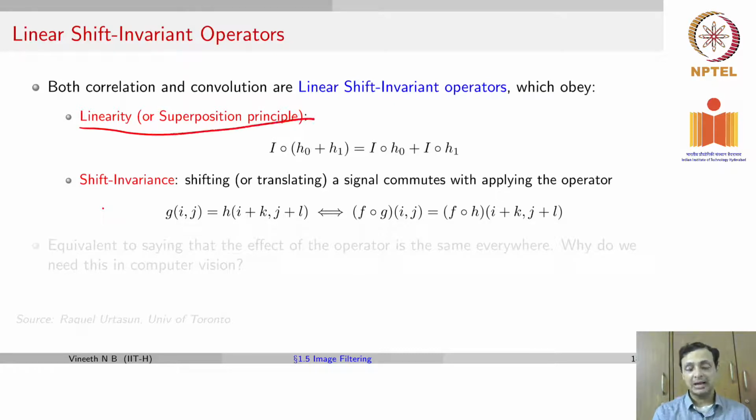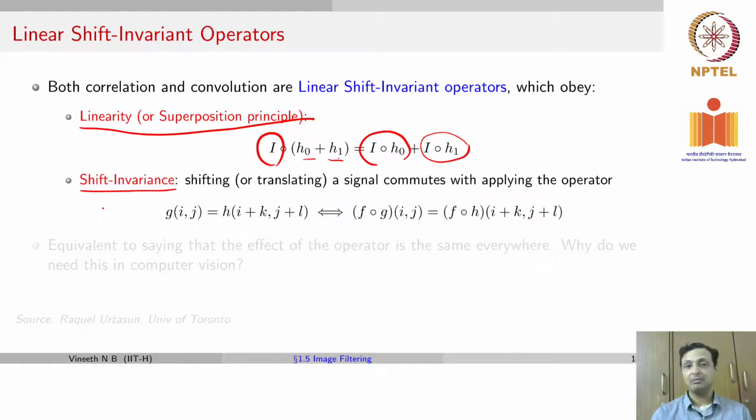Linearity means that if you had an image I and two filters H0 and H1, then I operation H0, where the operation could be convolution or correlation, and I operation H1, whether you add up the filters first or add up the output images after performing the operations with the individual filters, they both will be the same. This is linearity, also known as the superposition principle.